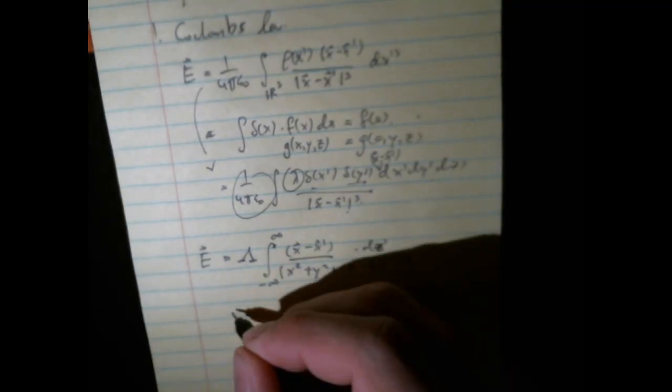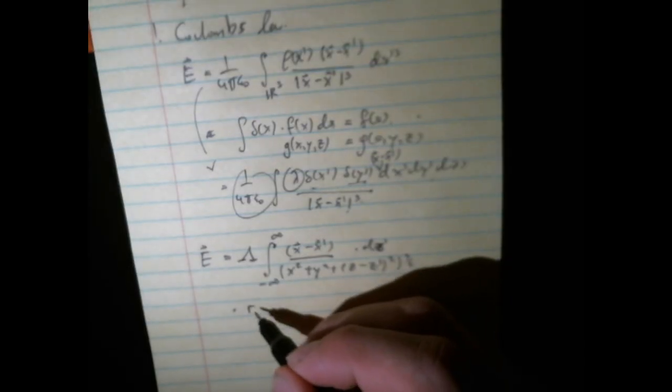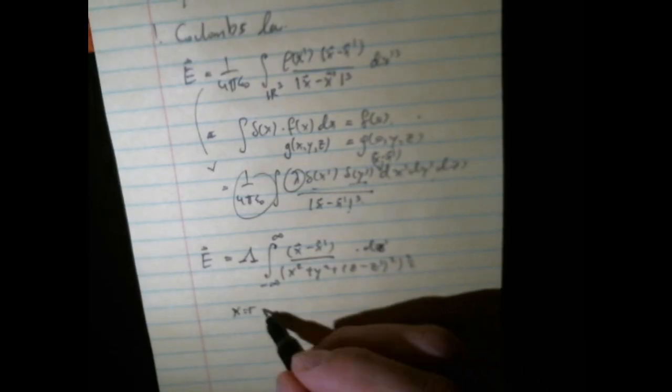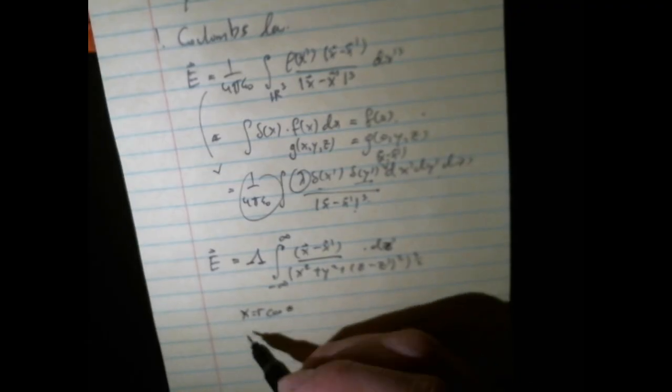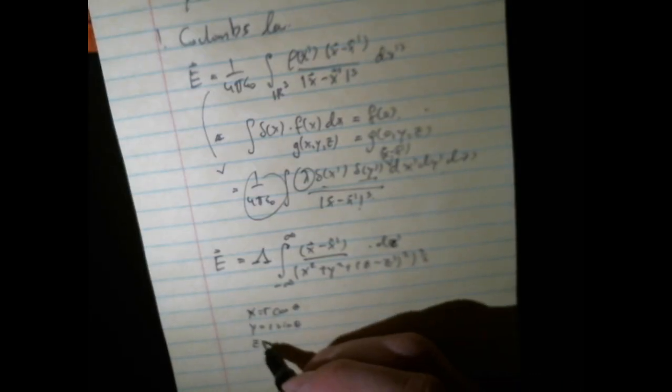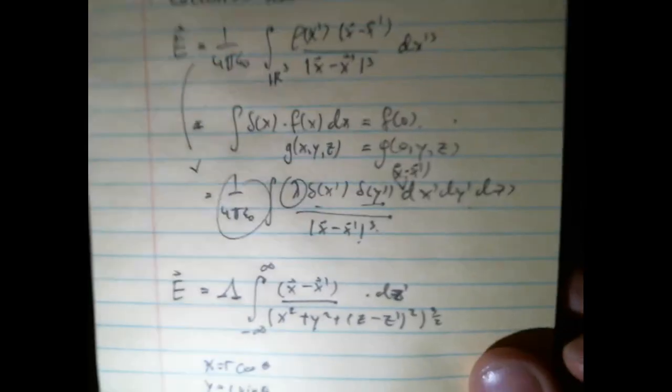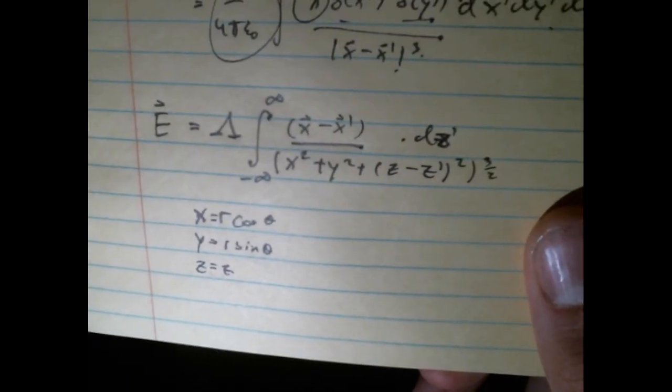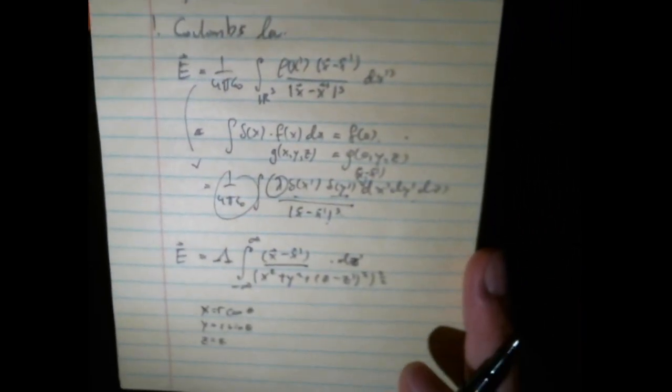Okay, so this is actually quite simple because of the little fun fact I threw in earlier. Before we continue, let's set x equal to this thing, and y equal to this thing, and then z equals z. These are the typical cylindrical coordinates. Okay? And then we can continue.